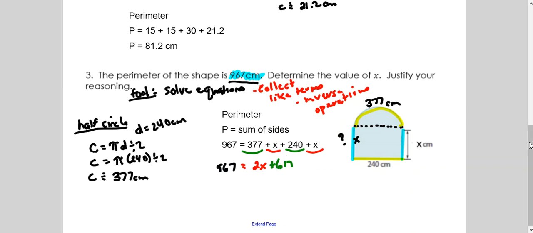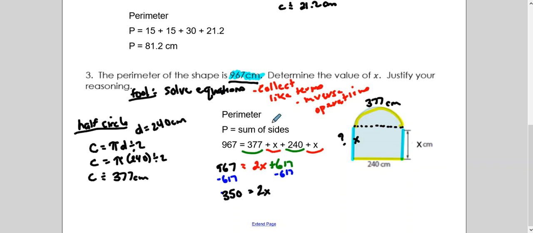Now I can use my inverse operations. All right, so now I can subtract 617 from both sides. So I can take 967 minus 617. So I've got 350 on the left side. That is 0. So now I'm left with 2x here.